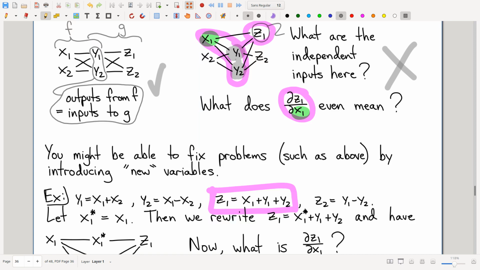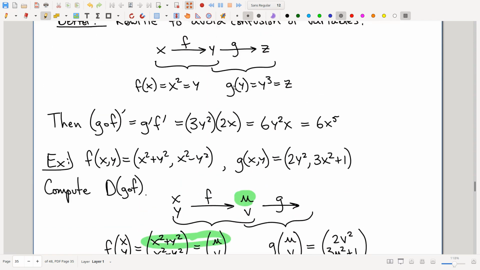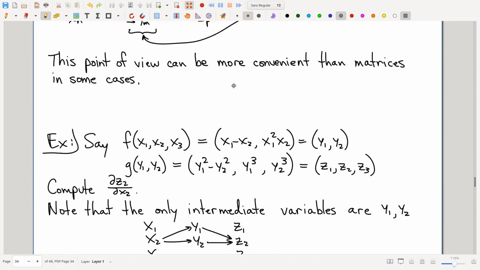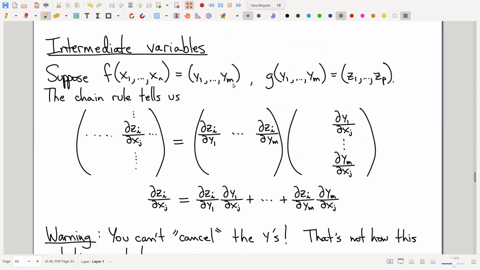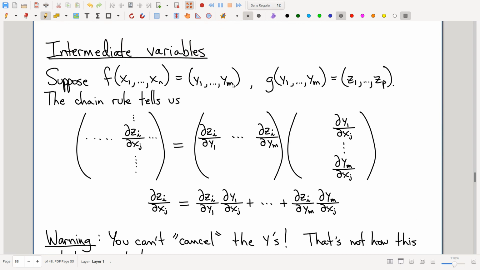So let me explain what I think went wrong, and that is that we overinterpreted from this idea of diagrams and intermediate variables and such. Remember, this idea of intermediate variables and diagrams and looking at paths is just an alternative interpretation of a matrix product.